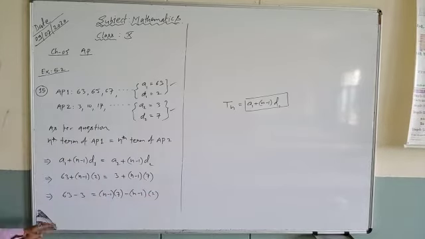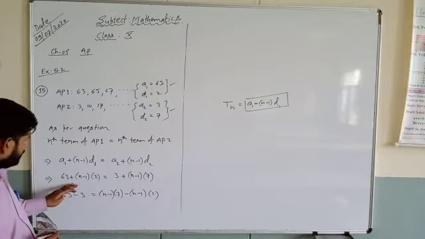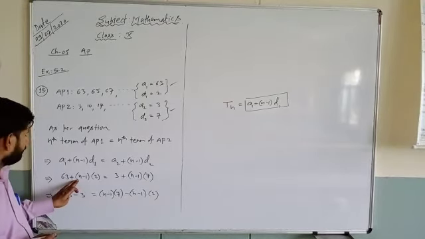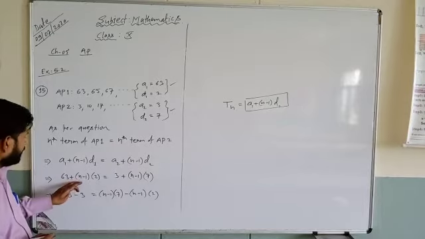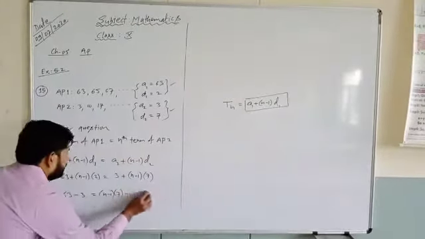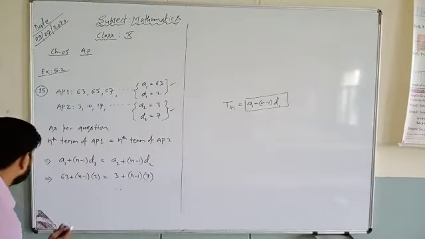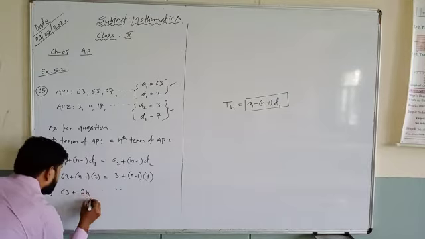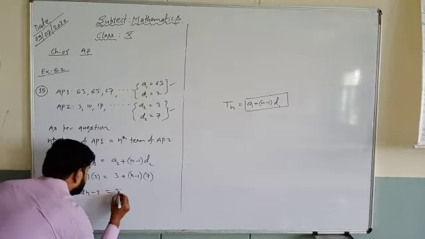Also, we can do the transposition after opening the brackets: 63 plus 2n minus 2 equals 3 plus 7n minus 7.